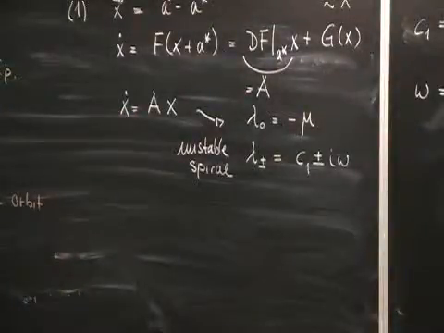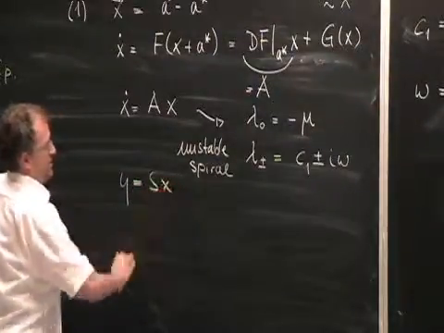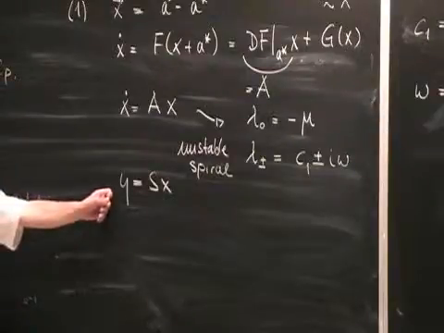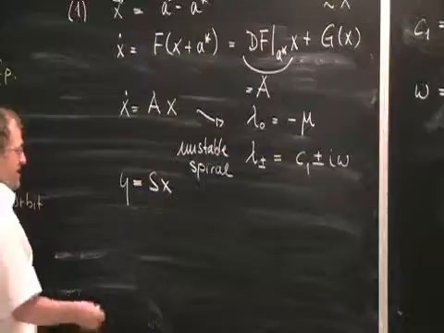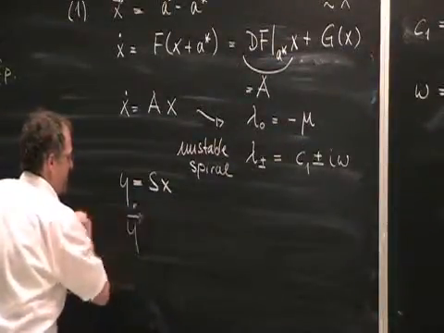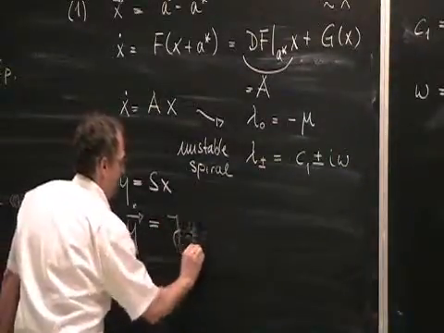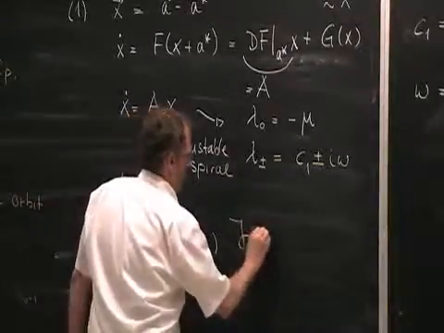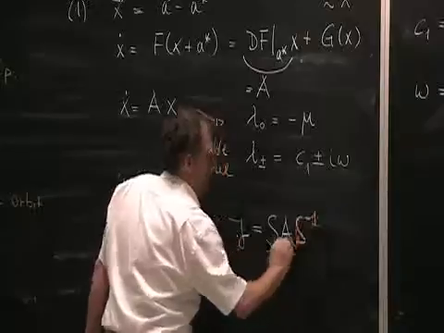What you do is you transform to Jordan's normal form by a linear transformation to a new set of variables given by some matrix S. And the outcome of that is that the dynamics for this new variable y is J times y, where J is Jordan's normal form of my linear dynamics.